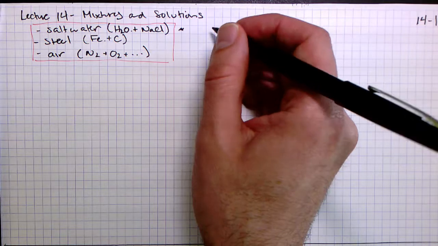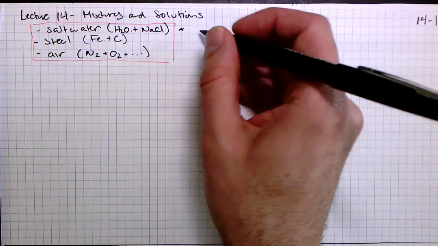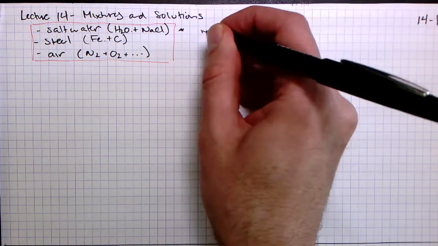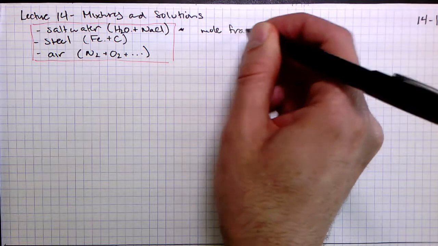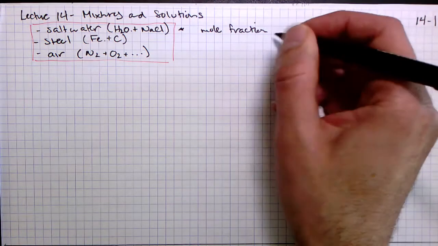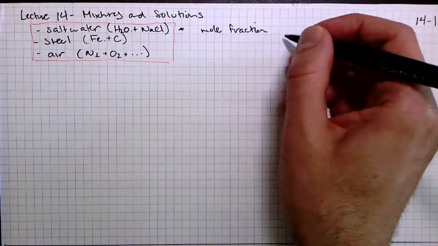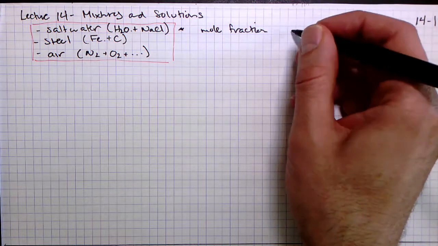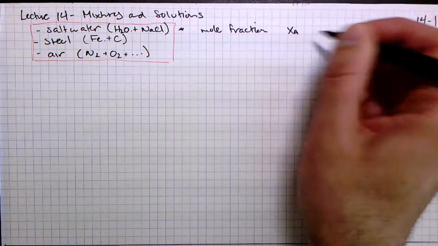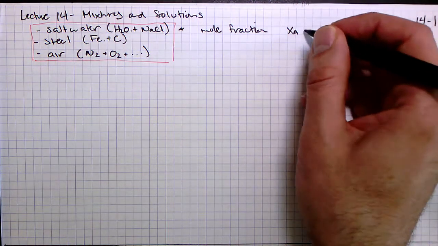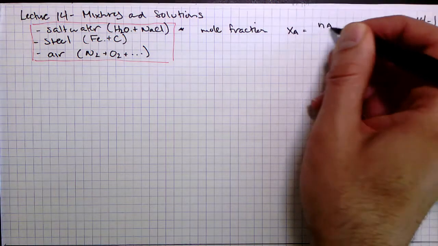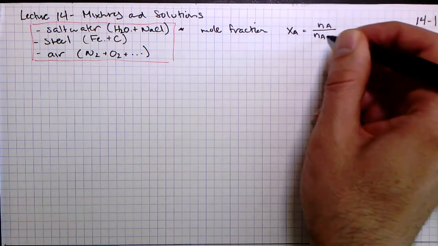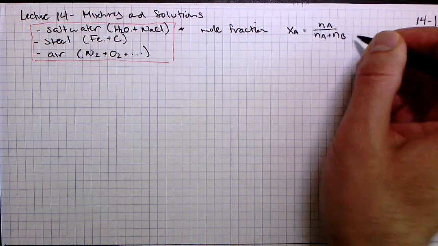So the first thing is we're going to often talk, when we talk about these binary solutions, in terms of mole fraction. So the definition of mole fraction in a binary solution will be that the mole fraction of A, which we'll write as XA, is just the ratio of the number of moles of A to the number of moles in the system.